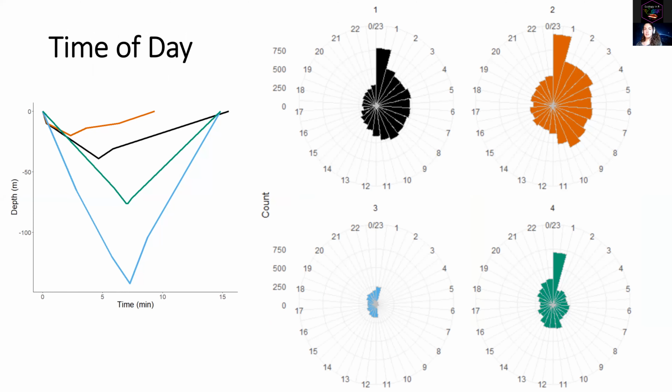It's interesting because you can see that C1, C2, and C4, where C1 was black, C2 was orange, and C4 was green, all occurred throughout the day, but there were differences in the count at different times of day. All of them seem to have a peak at night, which is interesting.